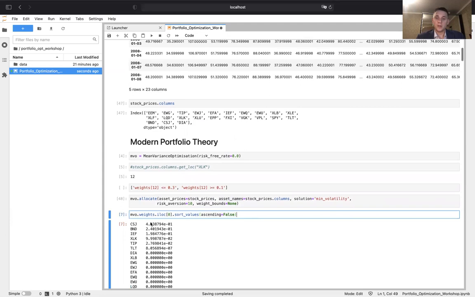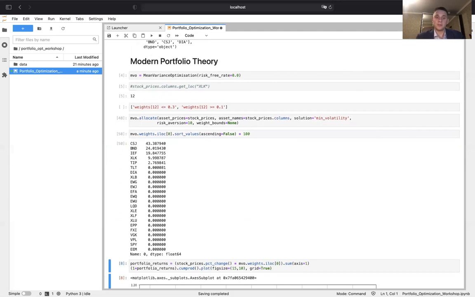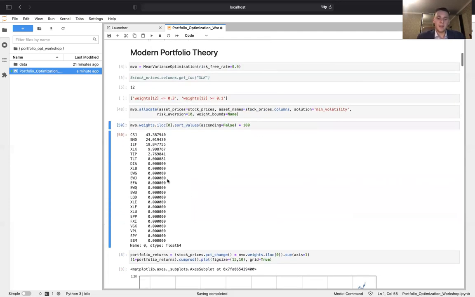What we see here is that the output of this algorithm is contained in the weights field, and we can sort the values of this field in descending order. If we multiply it by 100, we can see that actually the portfolio is quite concentrated.